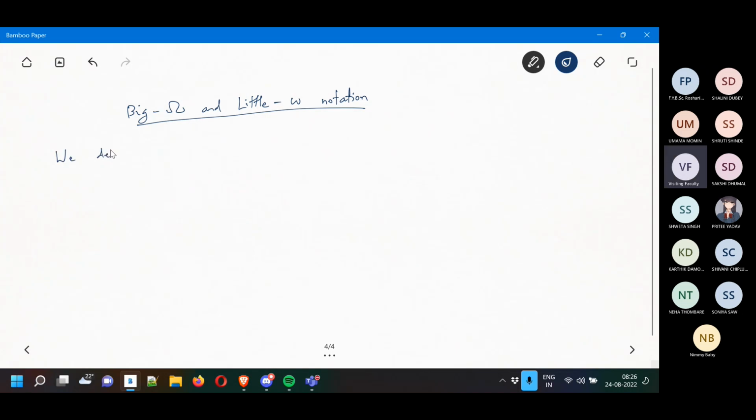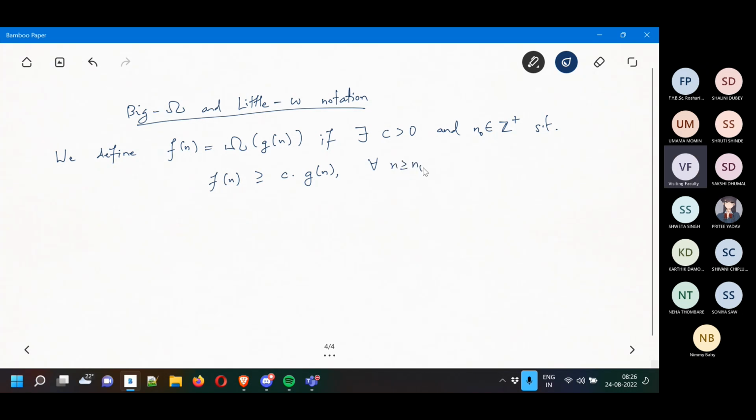So now we define f of n is big omega of g of n, exactly the same way up to a constant, if there is a constant c greater than 0 and positive integer n naught, because we want this to be true eventually, such that f of n is greater than or equal to c times g of n for all n greater than or equal to n naught.